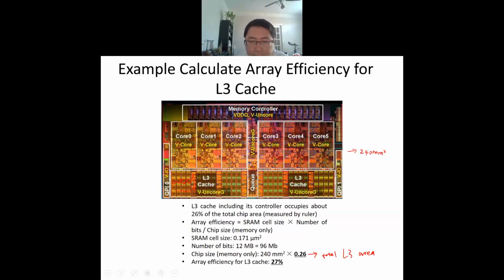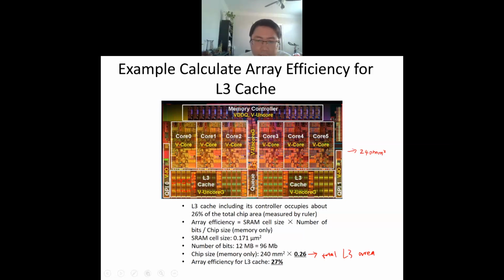So those two white boxes' area is 240 millimeter square multiplied by 26%. But the question is, what is the percentage of the memory cells over those two white boxes? Then we need to look at what is really in this L3 cache.